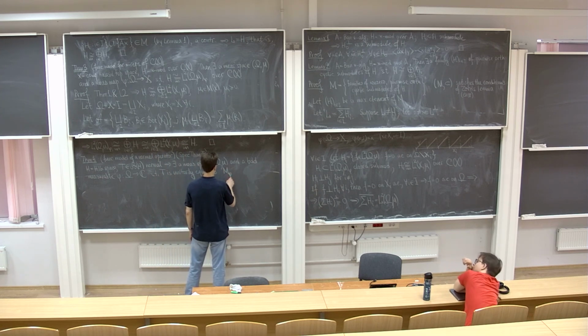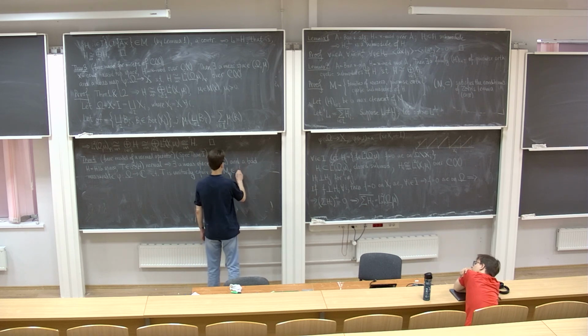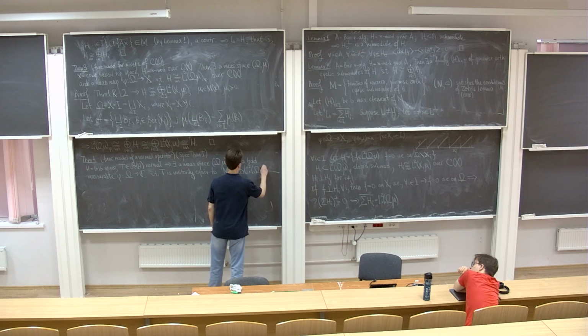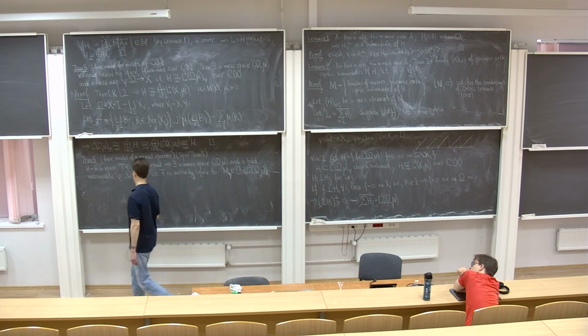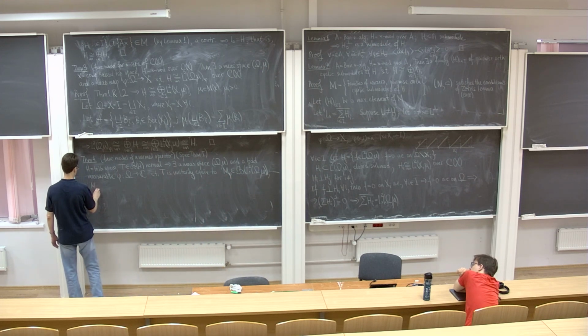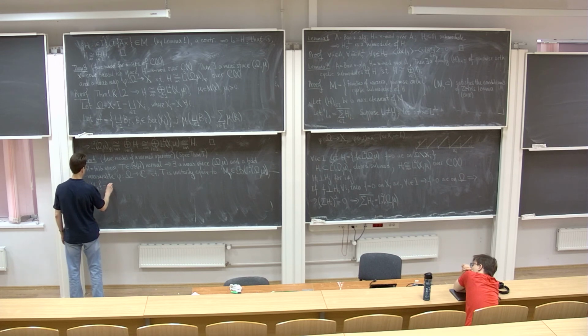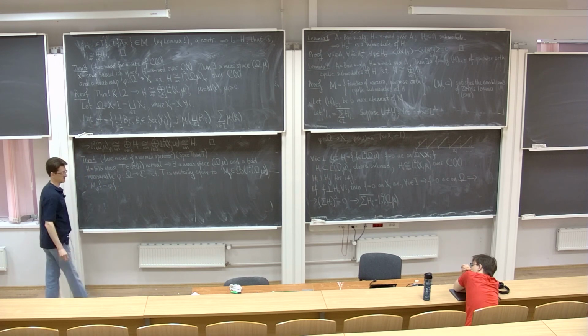to the multiplication operator M_phi, which acts on the space L2 of Omega, mu, and it acts by the following simple formula. That's the pointwise multiplication by phi.